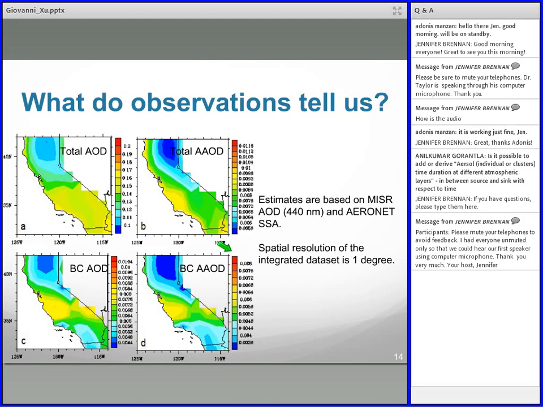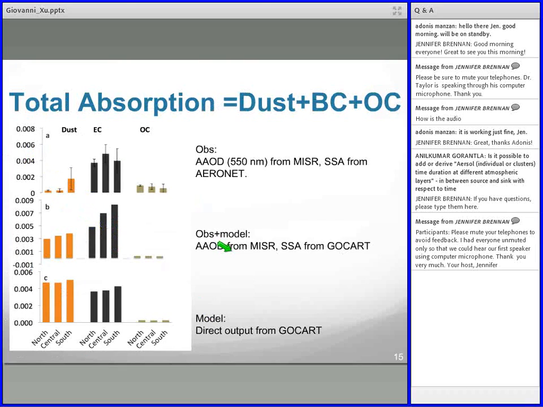And all the estimation here is done purely from the observation data sets, including by using our observation-based partitioning method. But we know that black carbon is only one major component of solar radiation absorption. What about the other two?